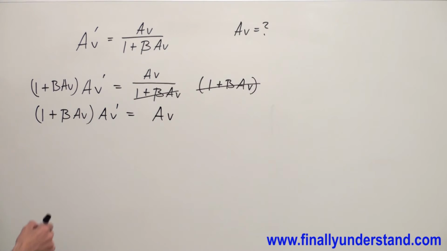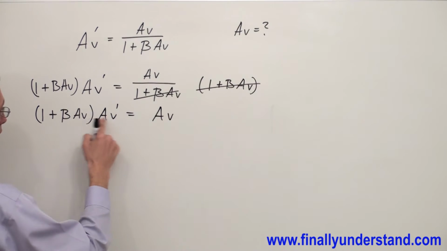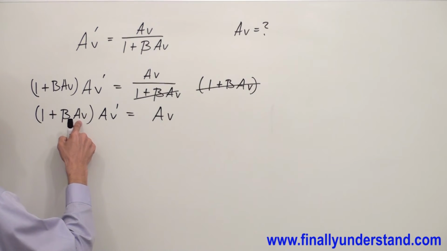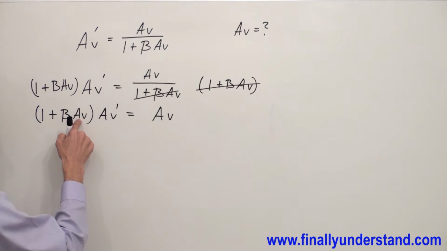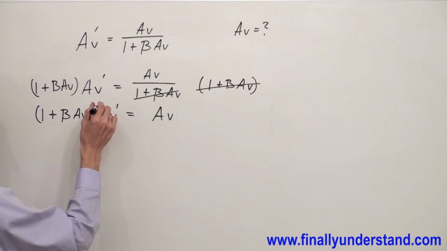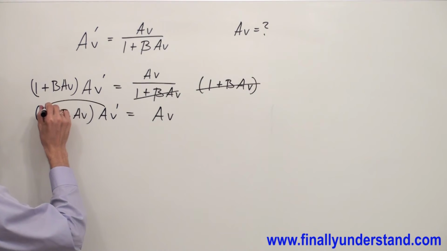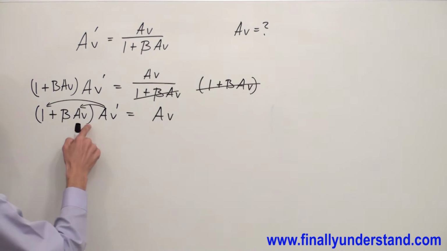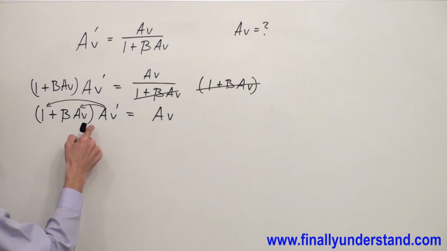Okay, we have AV on both sides of the equation, but one of them is inside of the parentheses. In order to pull out AV from the parentheses, I have to first distribute AV prime into the parentheses. Why? Because I want to eliminate the parentheses.